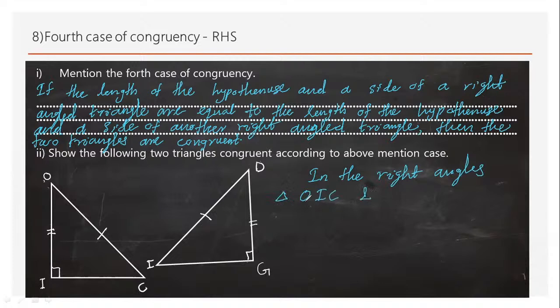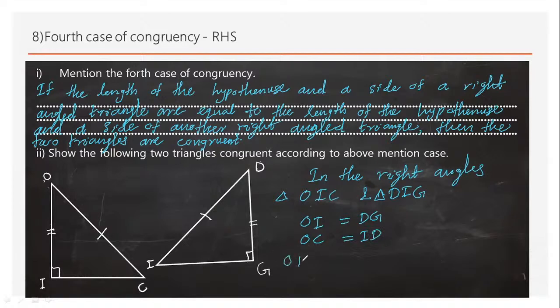OIC and DIG, right? We can take OI double line equal DG double line, OC one line, ID one line.